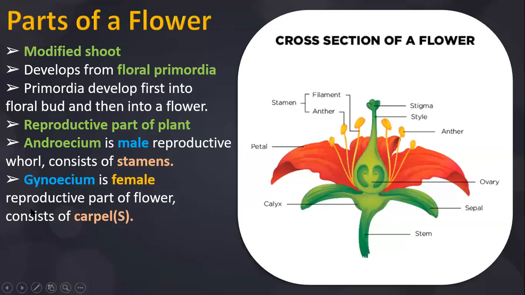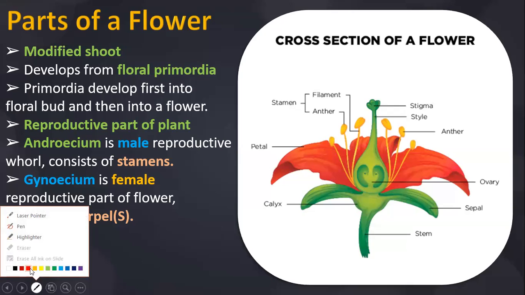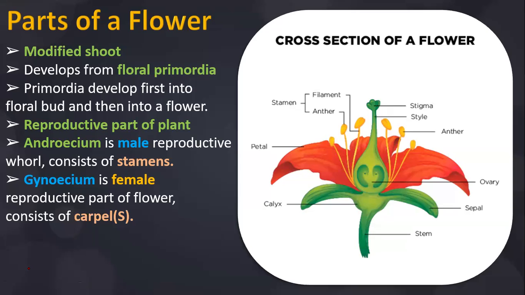So without wasting any more time, let's move on to this chapter of sexual reproduction in flowering plants. First we are going to discuss the parts of a flower. A flower is actually a modified shoot.